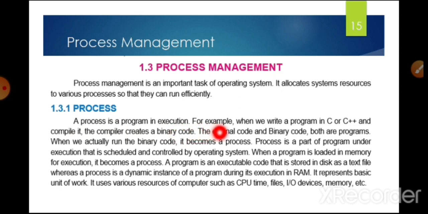For example, when we run a program in any language like C or C++, the compiler creates its binary file, and that binary file is basically the process when it is under execution. How there are different processes and how they are managed by the operating system are the part of today's lecture.